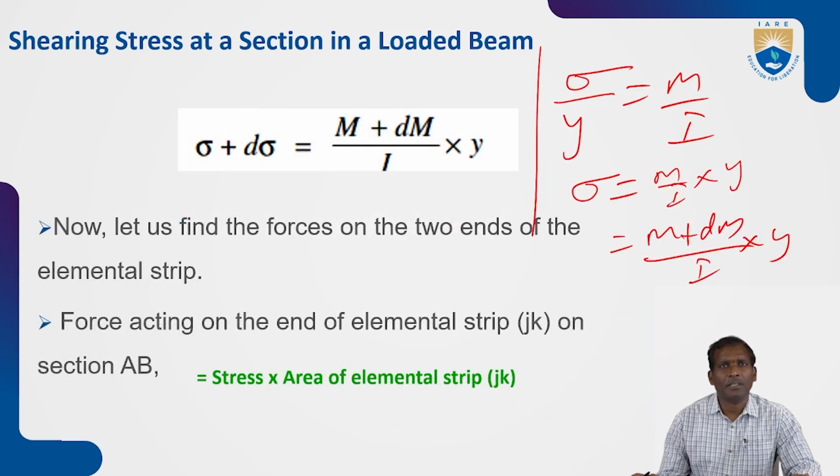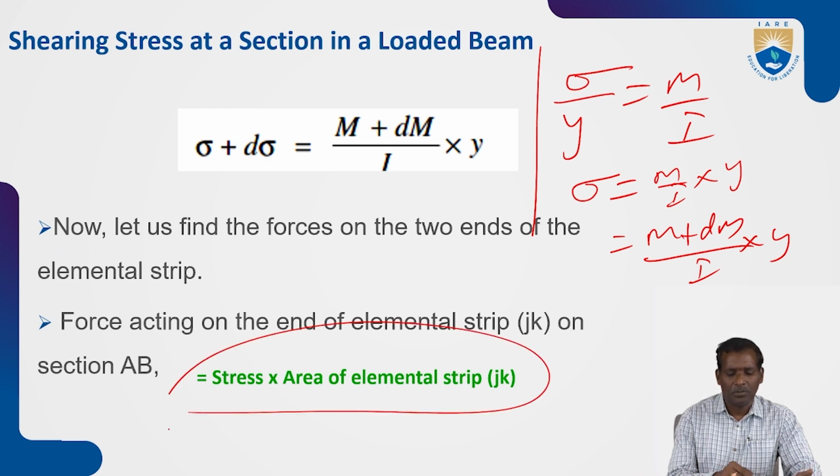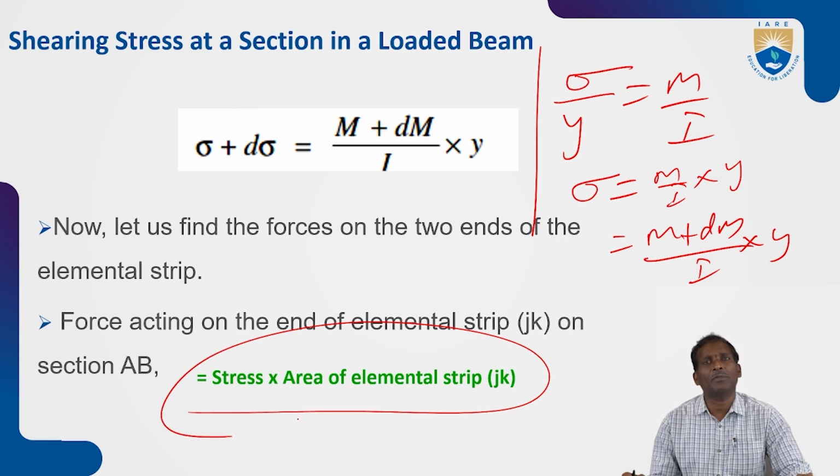Now let us find the forces on the two ends of the elemental strip. The force acting on the end of the elemental strip on section AB is equal to stress multiplied with the area of the elemental strip.